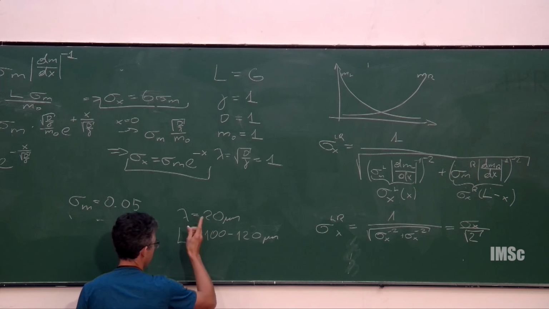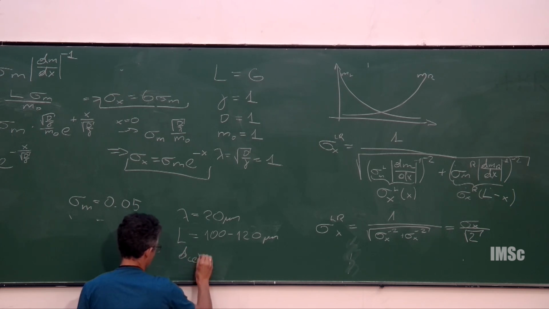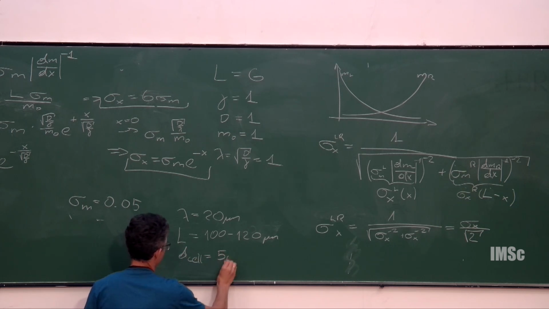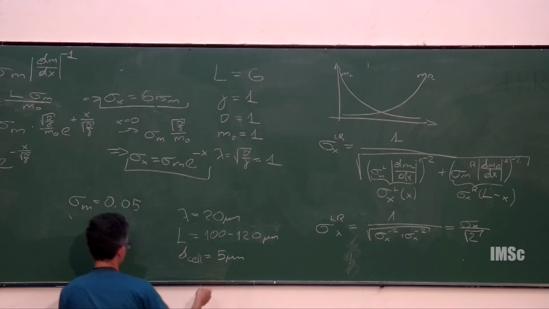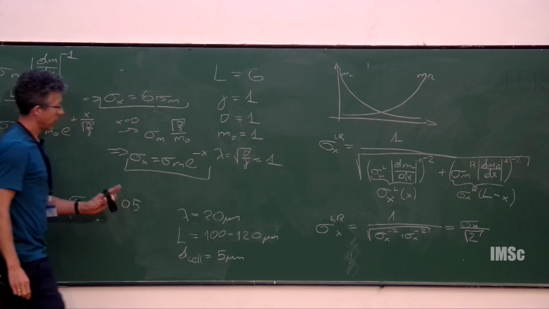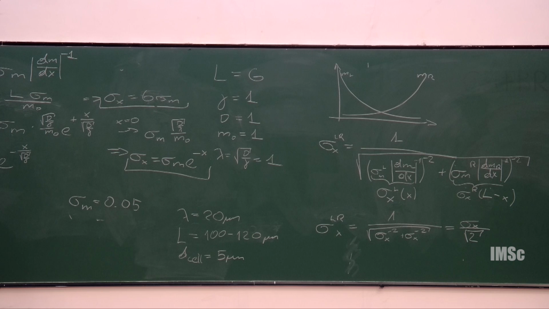But there are fewer cells. So here I said 30 cells. Here, each cell would have a diameter of, cell diameter in the spinal cord would be 5 microns. So we'd have something like 20 cells. And so we are in a very similar range.